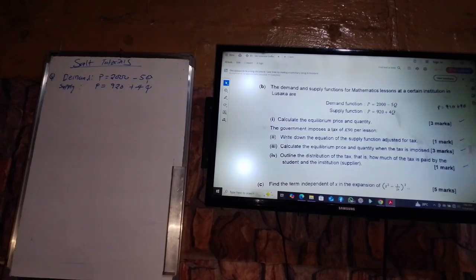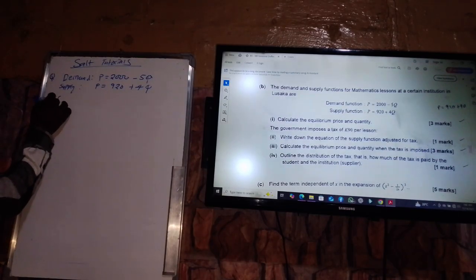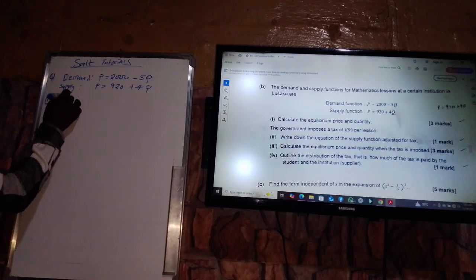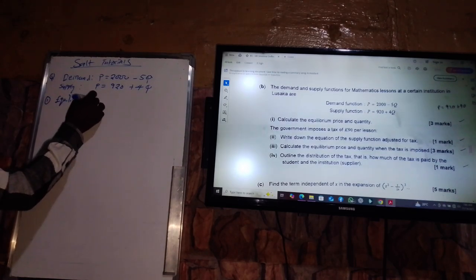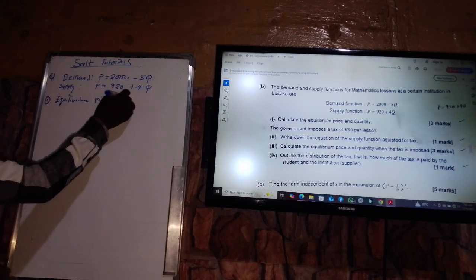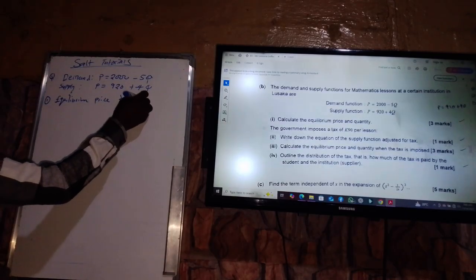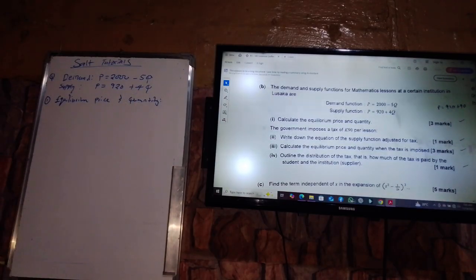And then we're being told to find the equilibrium price and quantity. So what do we mean by equilibrium price and quantity? The market is influenced by the demand and the supply.